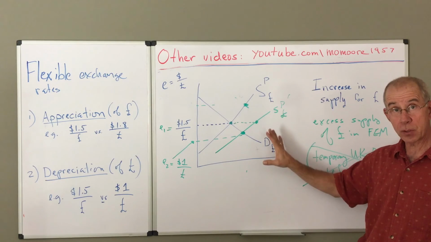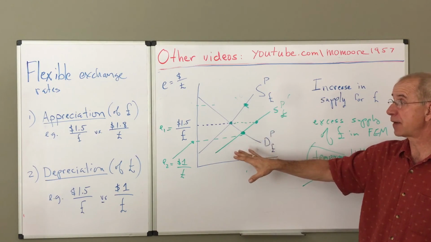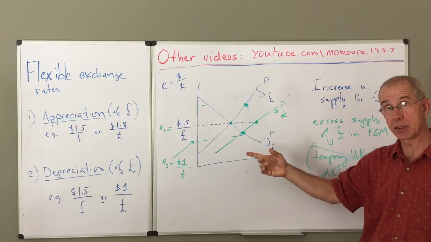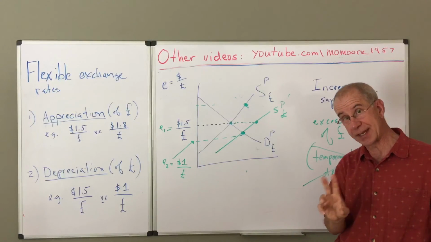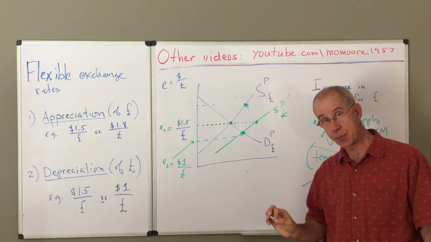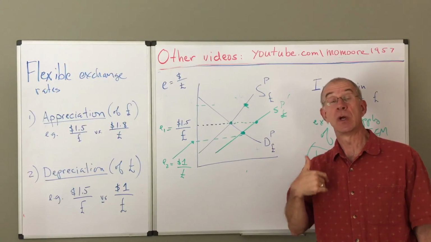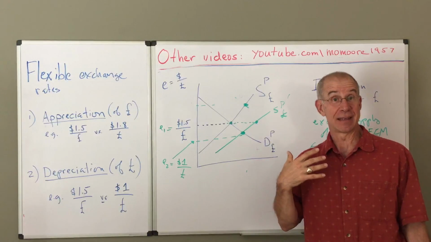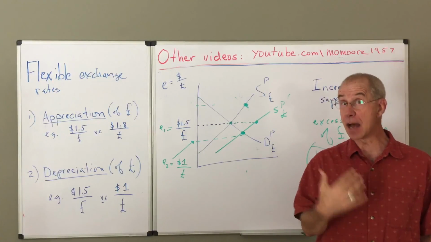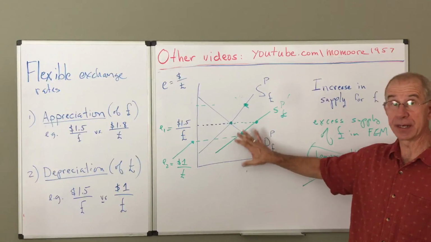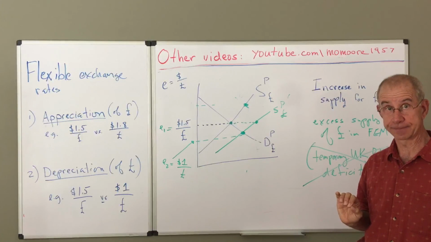Okay, so this is a very important graph, very important set of definitions about terminology that we'll be using. And let me remind you once again, appreciation and depreciation will refer to responses to changes in the private marketplace, not as a result of direct government intervention into the foreign exchange market.